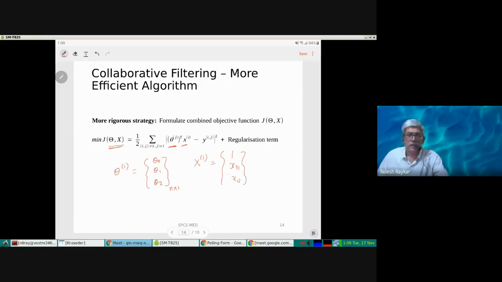In that case, all these theta 0, theta 1, theta 2 for the first user are unknown, and also for each of the books, these things are unknown. Of course, the x0 term is known, but x11, x12 are unknown. So you consider your error function in terms of all these unknown terms.